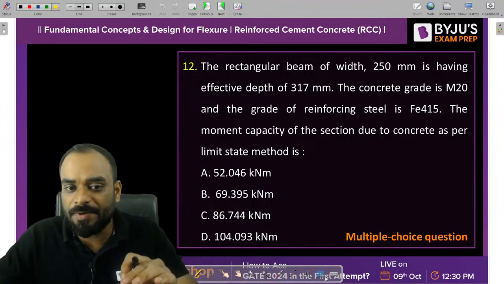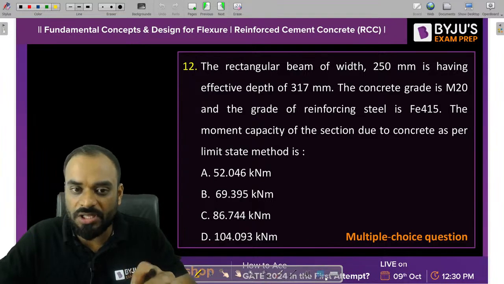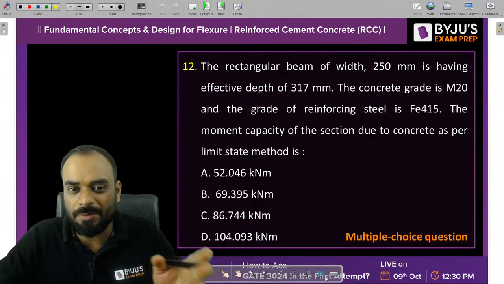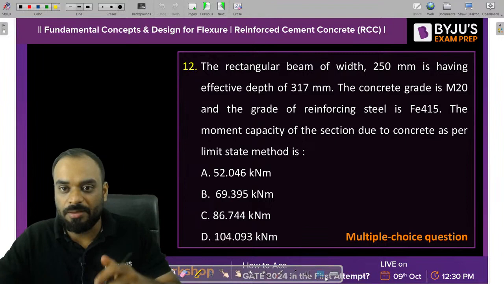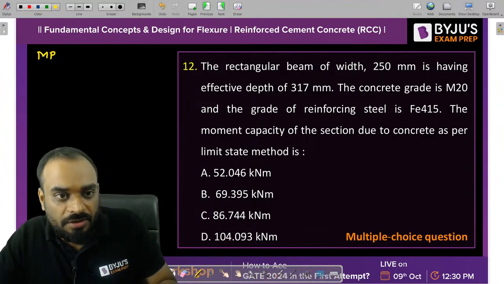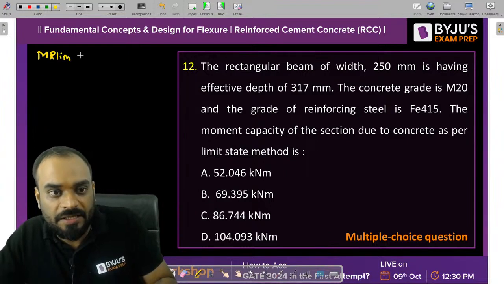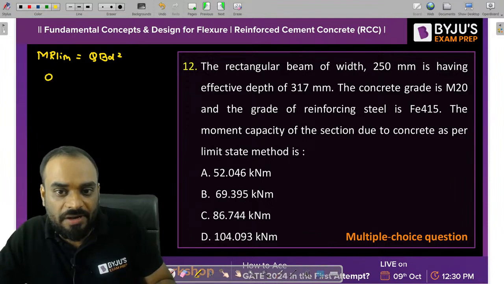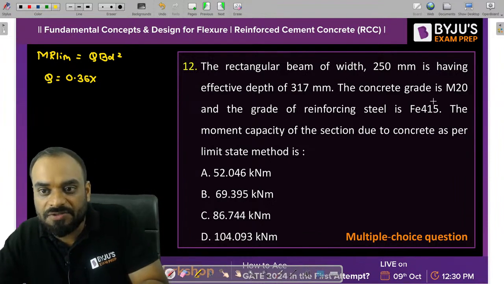Now guys, in this particular case, we need to find out the MR value again. That means MR limiting, right? So let's calculate how we can do it. MR limiting is nothing but Q B d square. What is the value of Q? It is 0.36 fck, fck is 20.